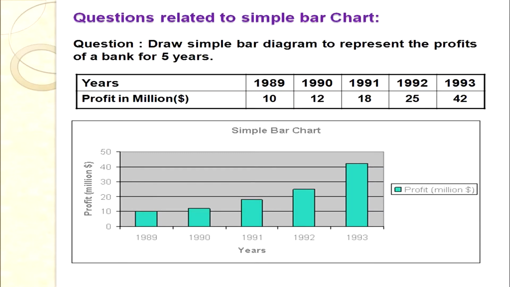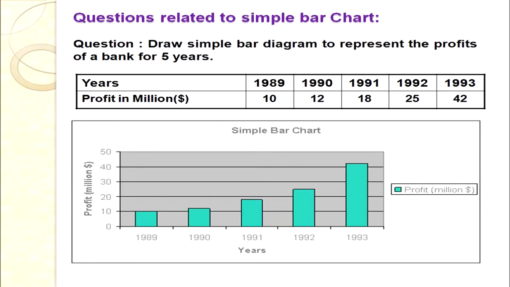Now, let us see it with the help of a question. Draw a simple bar diagram to represent the profits of a bank for 5 years. Very first, the years would be on the x-axis, and we have learned that while drawing the bars, the width of the bars remains the same and the distance between the bars remains the same. So, we are going to plot the years first.